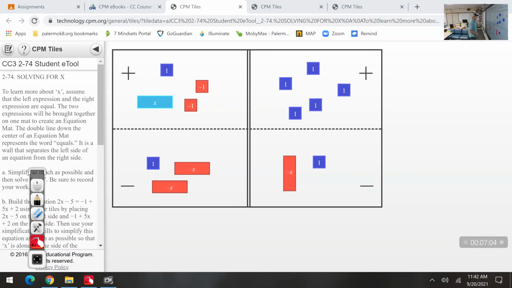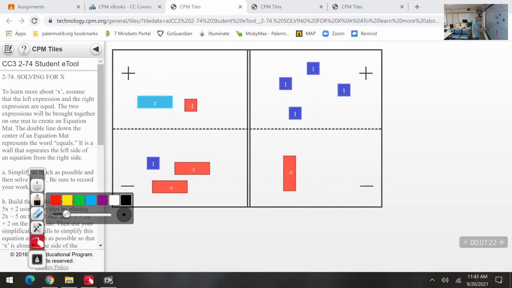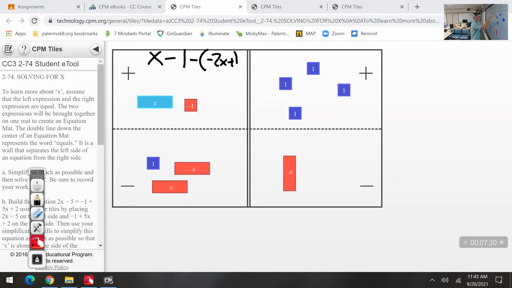Here's our problem. And we're going to go through, and what's our first legal move? We always look for, that's right, 0 pairs. So here's a 0 pair. Gone. Here's a 0 pair. So that's gone. And we write x minus 1. Let me make this x a little bit bigger. There we go. x minus 1 minus parentheses, negative 2x plus 1, close parentheses.